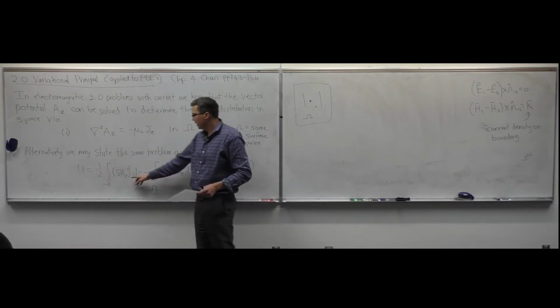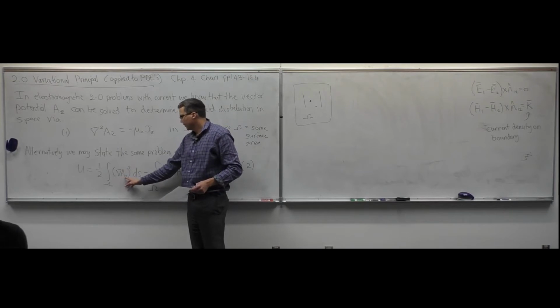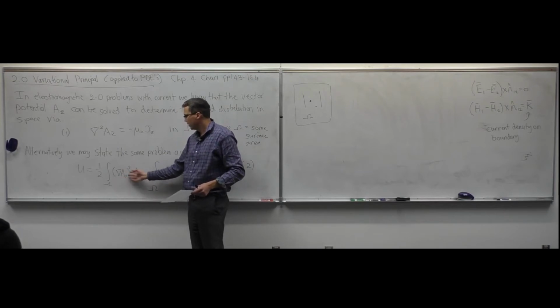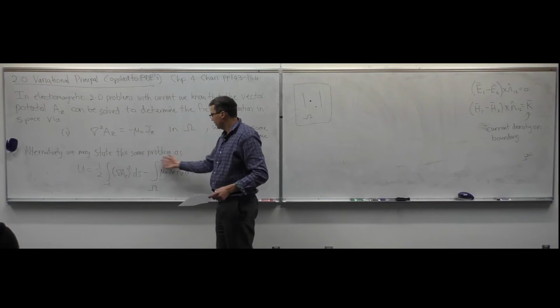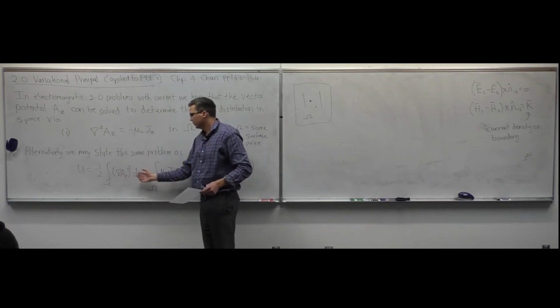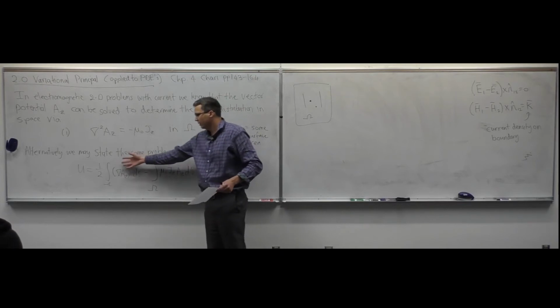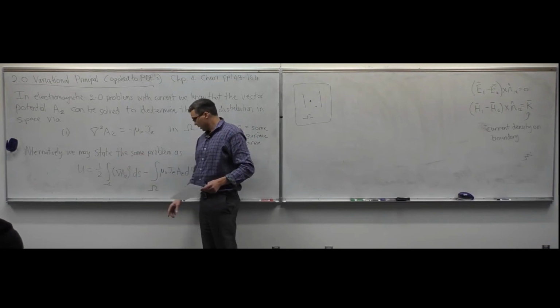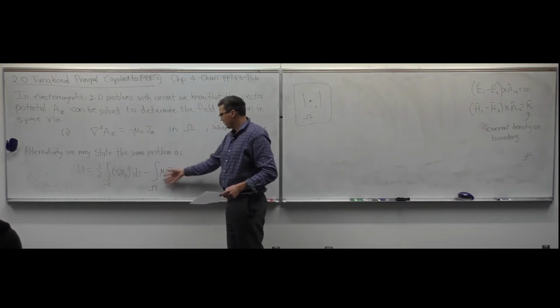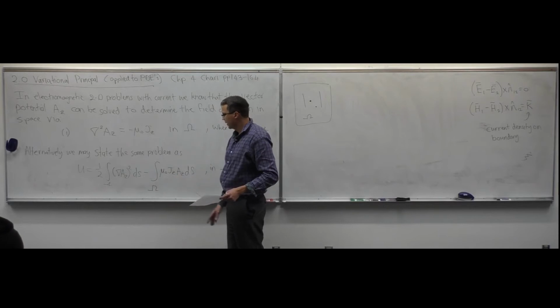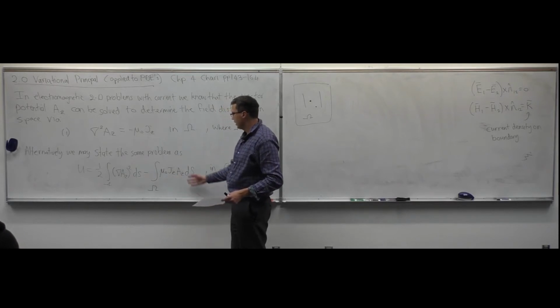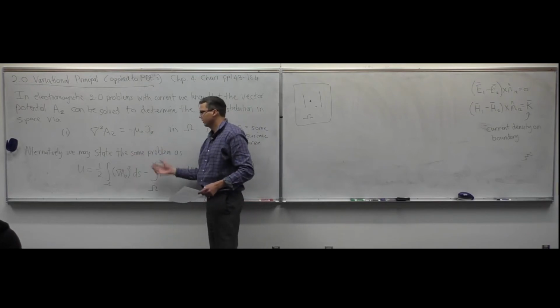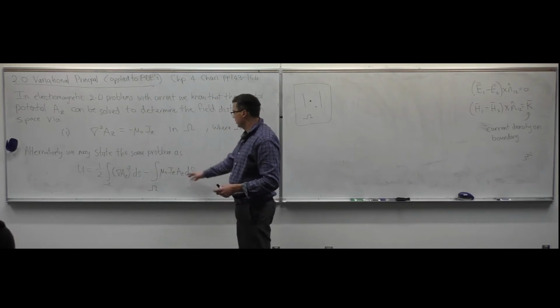So we would evaluate the gradient of AZ and square it, evaluate that over the surface, and then also evaluate this integral, and then find the solution of AZ that would give the minimum for this whole thing. So we want to find the minimum of this.